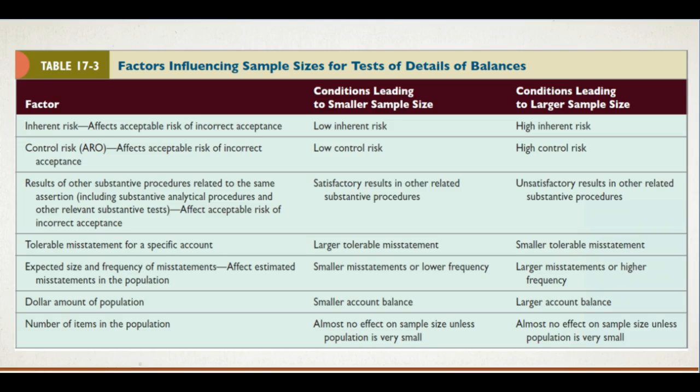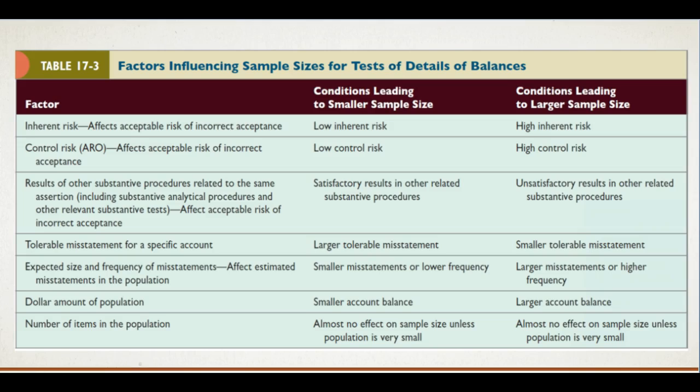Here, we have Table 17-3 as mentioned in the previous slide. It summarizes the factors influencing sample sizes for the test of details of balances, including conditions leading to smaller or larger sample size.